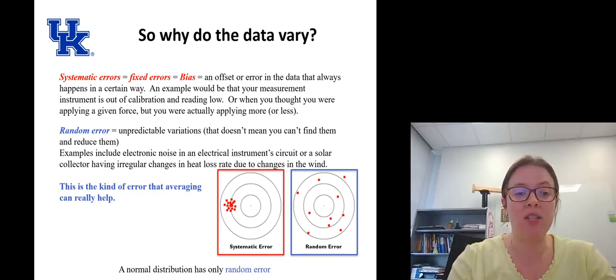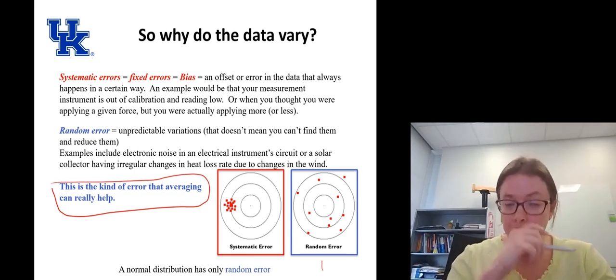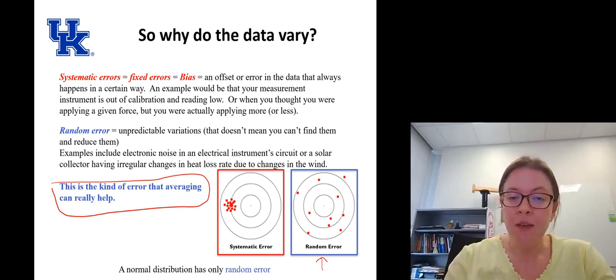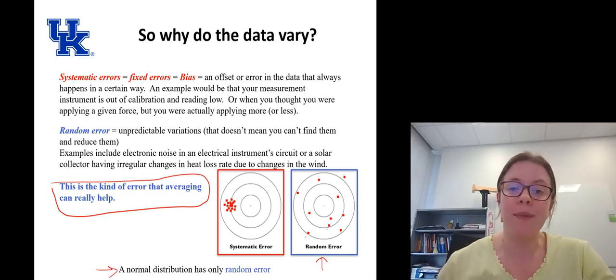This is the kind of error that averaging can really help. In the picture for random error, you can see that the points are all over the place, and if you were to average them, it would really help deal with that error. A normal distribution has only random error.